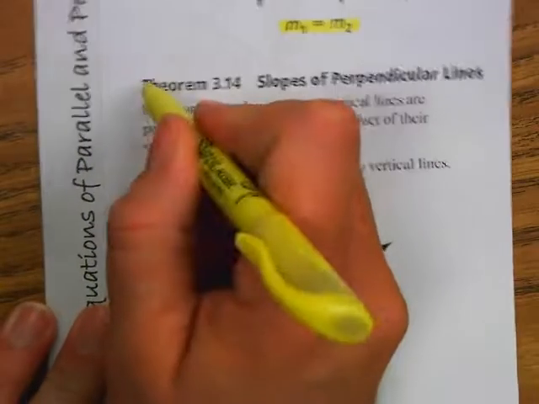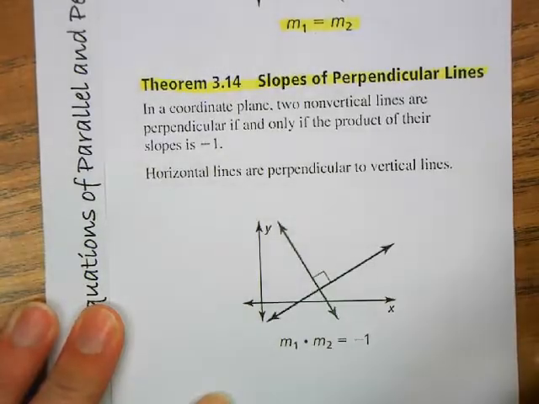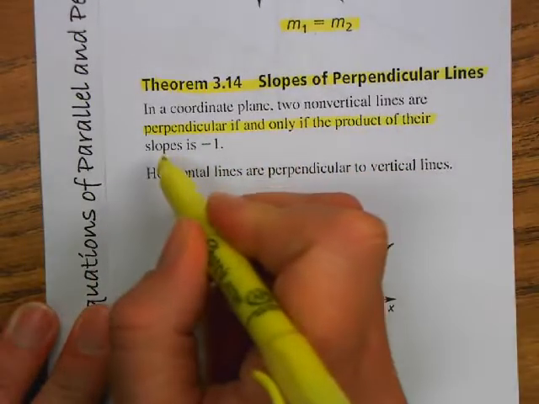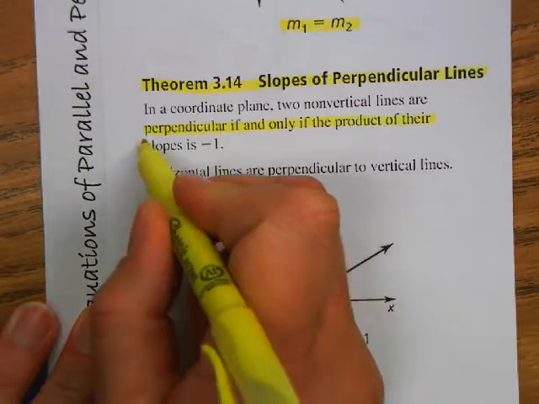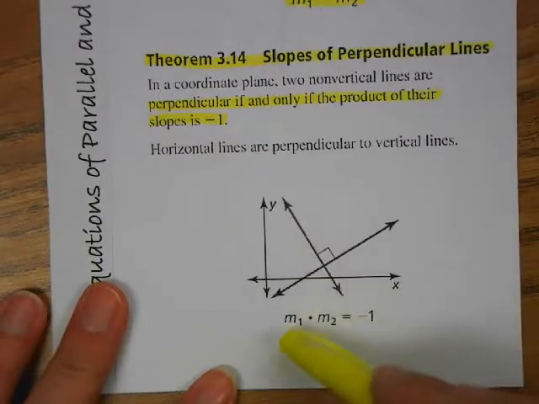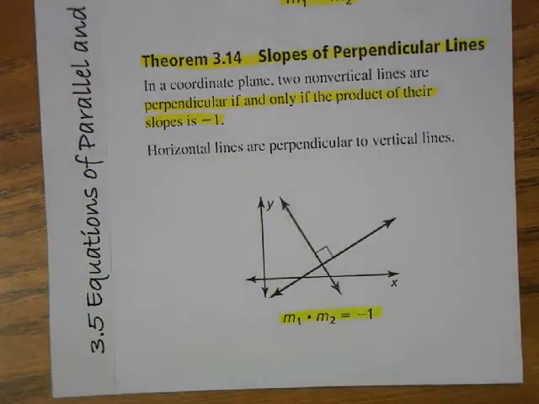So again, Theorem 314, slopes of perpendicular lines: lines are perpendicular if and only if the product of their slopes is -1. Calculate the slope of each line. If they multiply and give you a product of -1, then they're perpendicular.